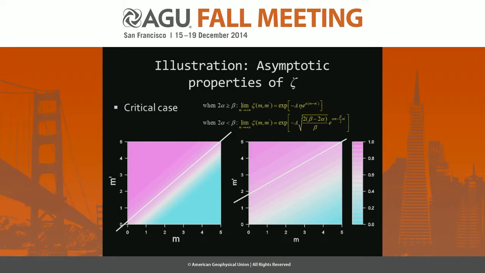For the critical case, when alpha is bigger than half of beta, zeta is a function just of the magnitude difference. When alpha is less than half of beta, the function depends on the difference of alpha and half beta.